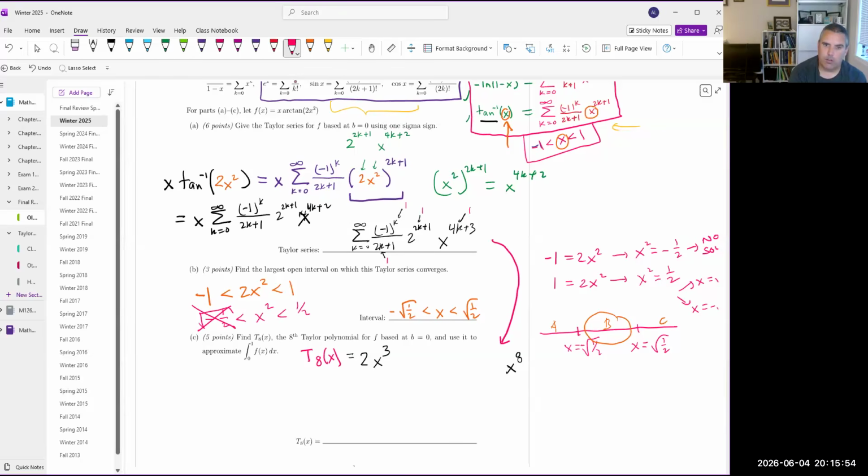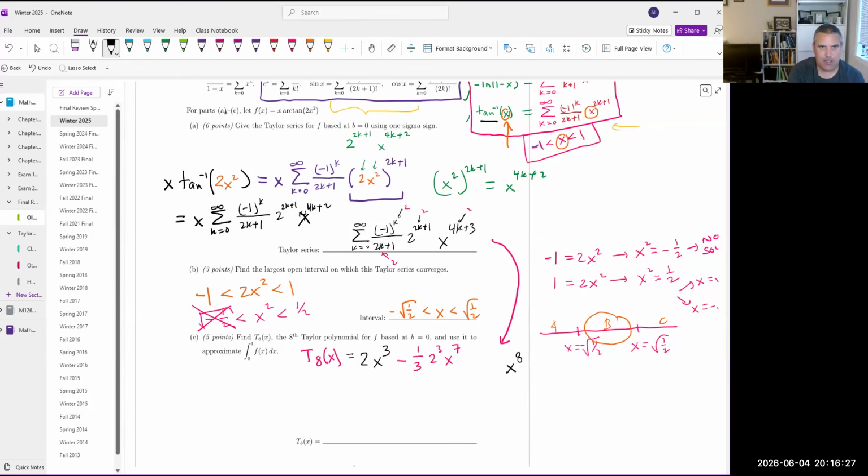So I get negative 1 over 3, 2 to the third, x to the seventh. Now I plug in a 2 everywhere. But wait, that gives me 11. That's too big because the question said to stop at 8. So we've done it. This is going to be 8 thirds.